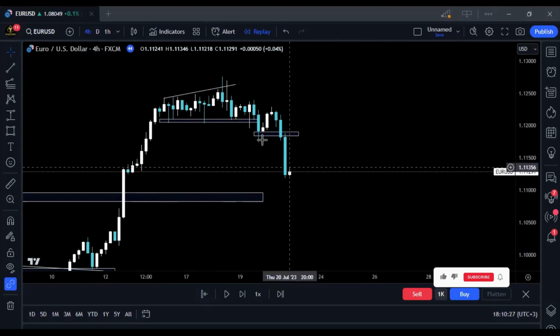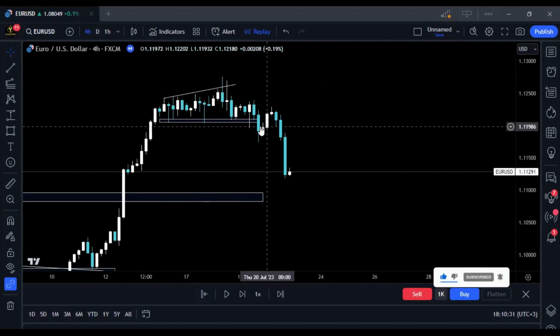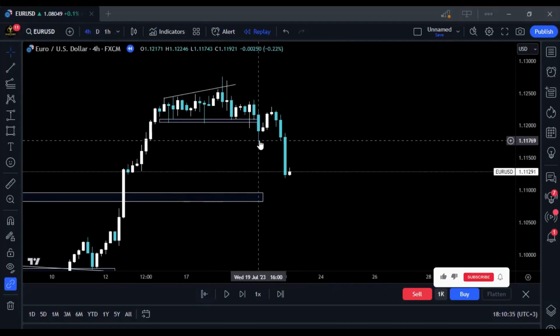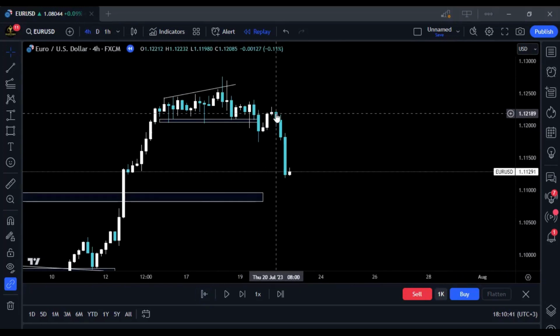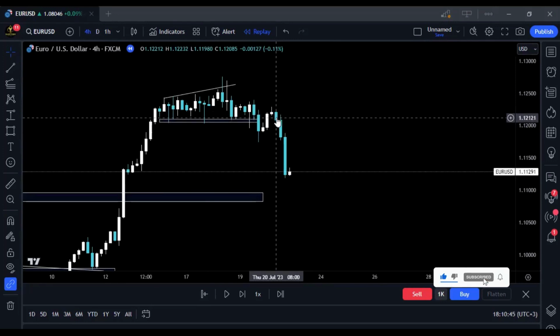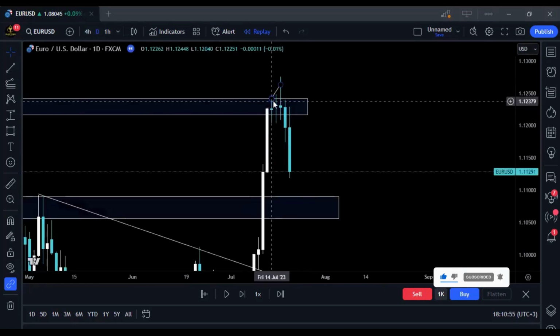Okay, so let's remove these. So here we see prices were ranging. They did break below and then pushed back up, creating a lower low, and then this candle right here. So I think this 4 hour here, this is what we should have been using as our entry, as our confirmation, because the trend from the daily is indicating that the prices didn't have momentum.